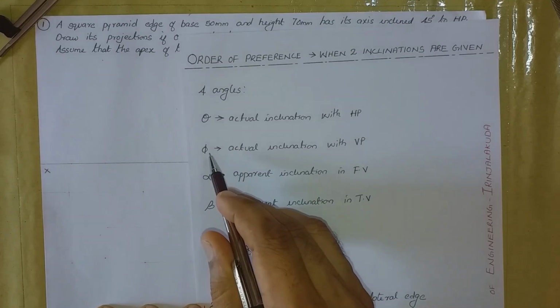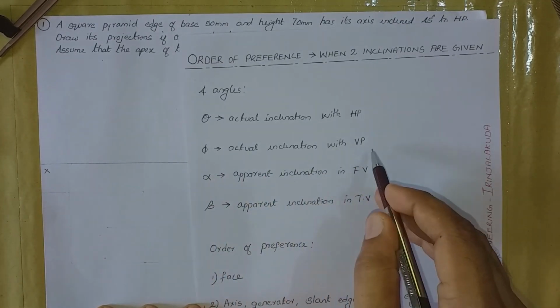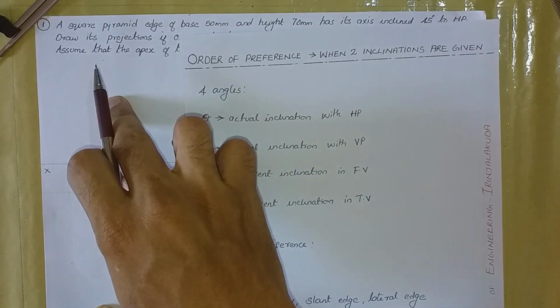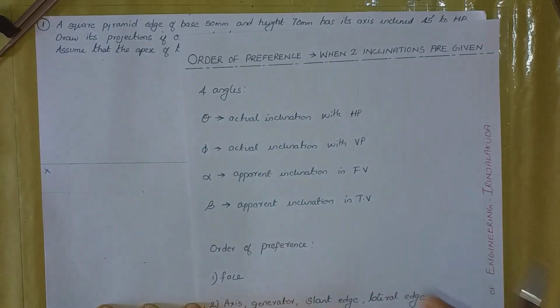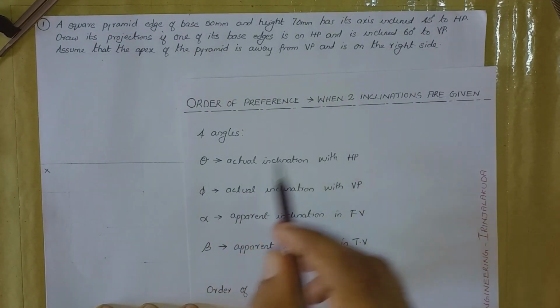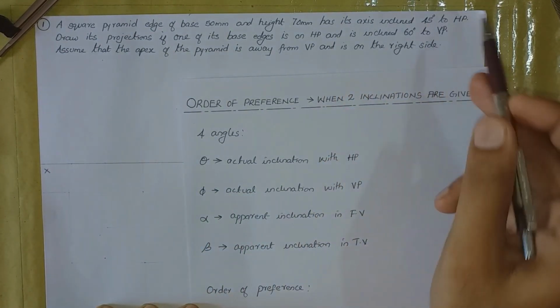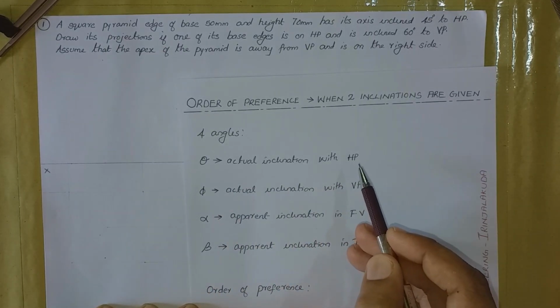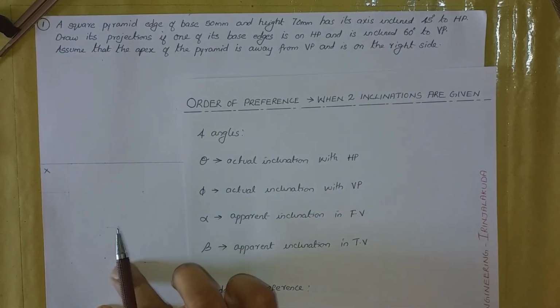If we are applying phi, that is inclination with respect to VP first, then the base shape will be in the front view. In this question, in question number 1, we have to apply theta, that is the inclination for the axis first. So inclination with respect to HP is applied first, so the base shape will be in the top view.